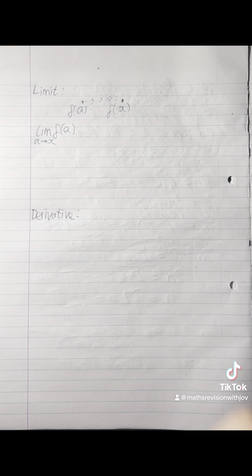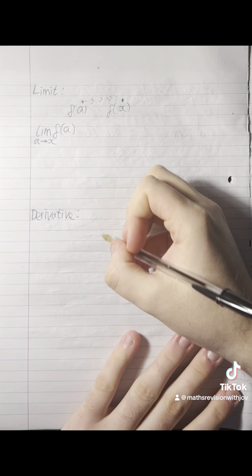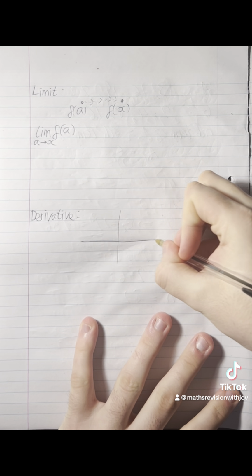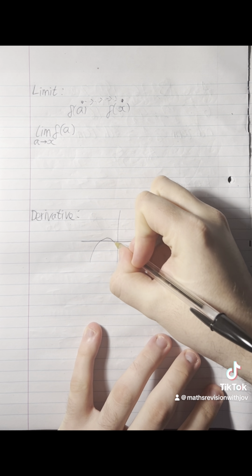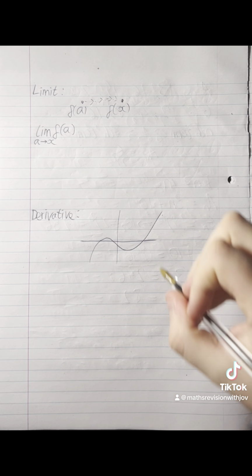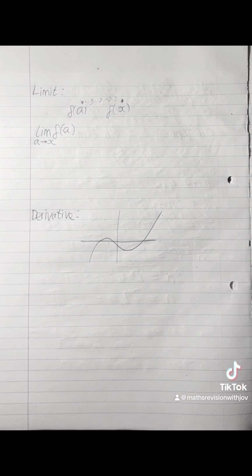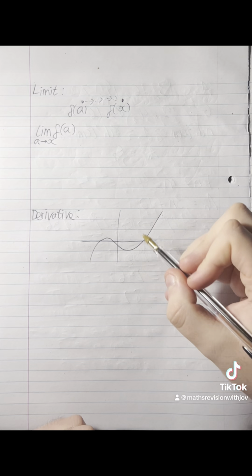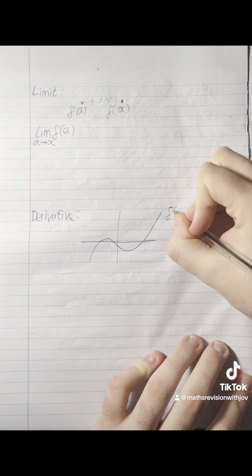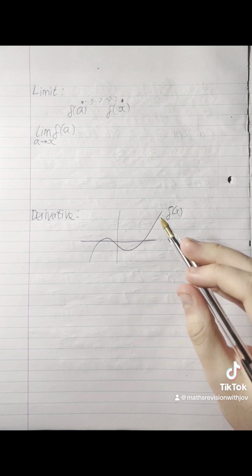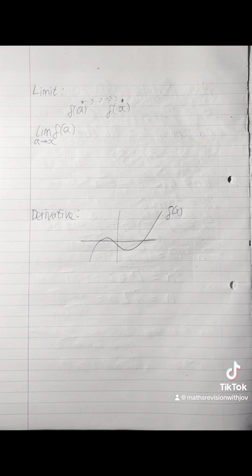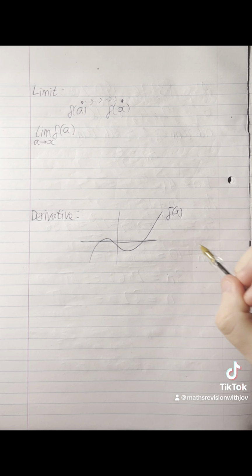So when we have some function on a set of axes like this, we want to talk about gradients. Well, this function here, I'll call it f of x, doesn't have a numerical value for the gradient, if you like, because if you notice, it's constantly changing.